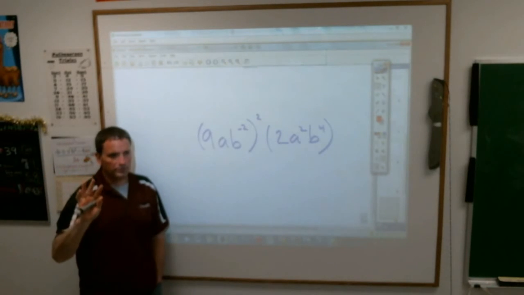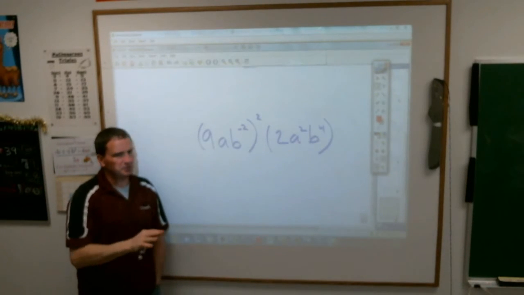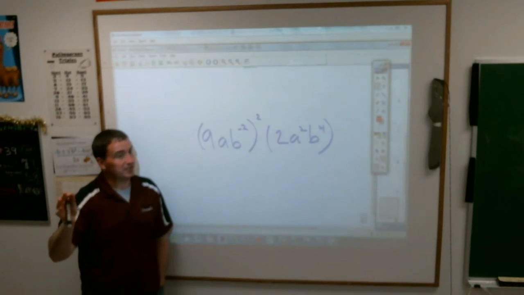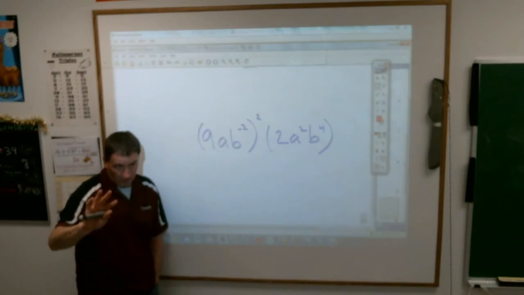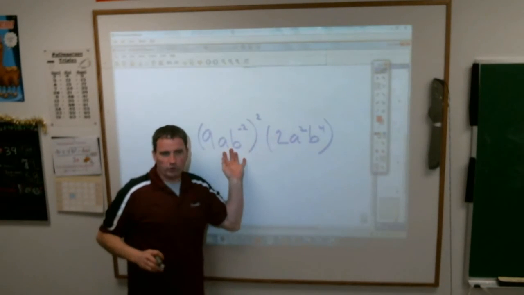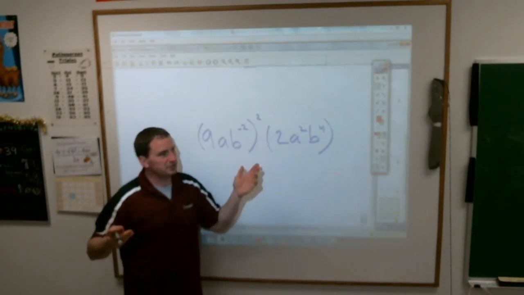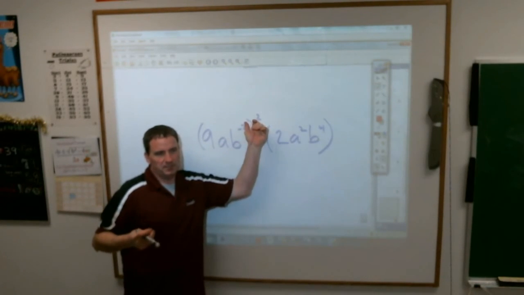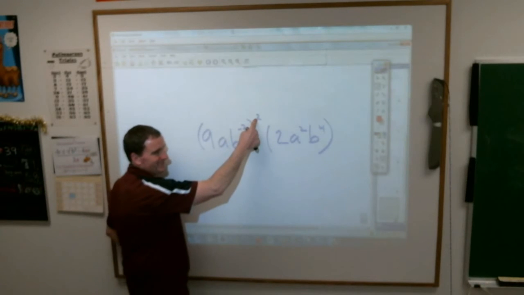First things first, children. There are no addition subtraction signs. This is all multiplication. You won't end up with an addition subtraction sign in your answer. Order of operations, parentheses, grouping symbols first, but you can't simplify those yet. You then do exponents. And the first exponent you come to is this.